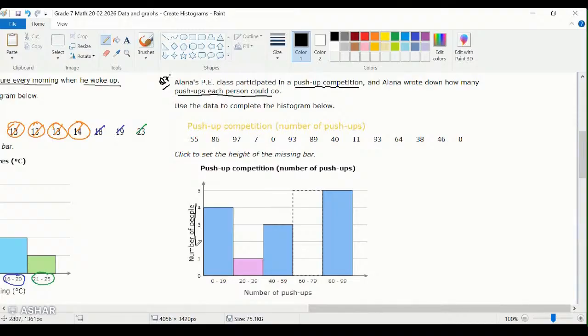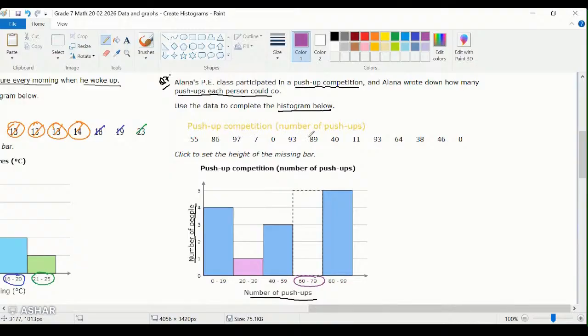Number of people doing number of push-ups, right? In this diagram, we are only missing one piece of information. If an incomplete histogram is given to us, we go directly for the information that we need to find. And what was that? 60 to 79. Let's see how many numbers are there between 60 and 79.